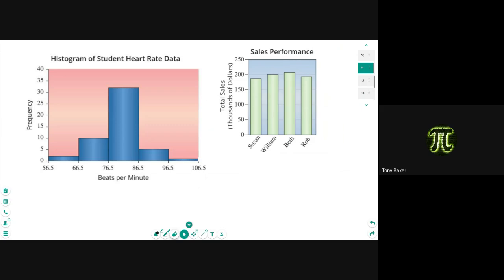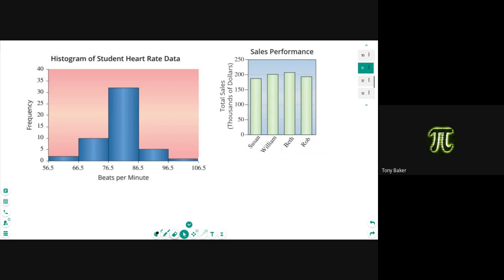What else? The bars are connected. The bars are connected. Why do you think the bars have to be connected? Think about what he just said. They go in ranges, right? So why would the bars be connected? One bar picks up where the other bar leaves off.